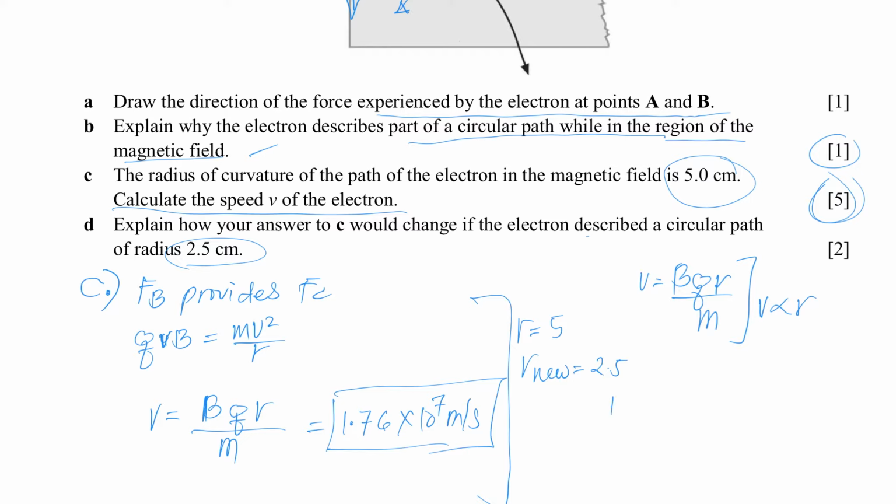So now the radius is reduced to 1/2. Therefore, the velocity must also reduce to 1/2. So your velocity v will be v all over 2. It's reduced to 1/2. Doing that, it will give us a speed of around 8.8 times 10 raised to 6 meter per second. That's the relationship between the two.